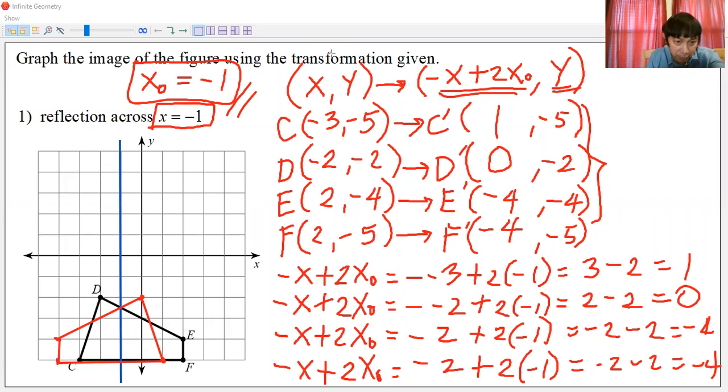Okay, it looks like, let me do a little adjustment there. There, okay. All right, so that will be our image, the new image, or simply image, okay?